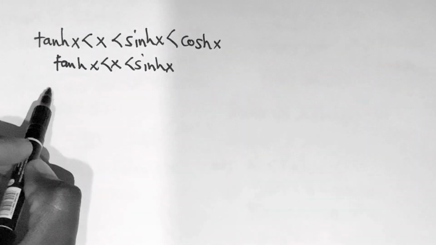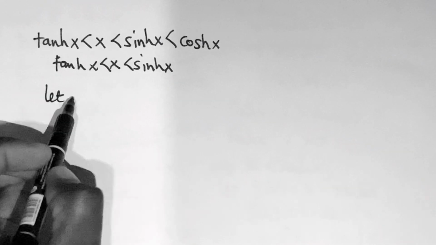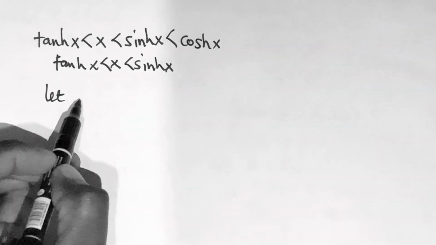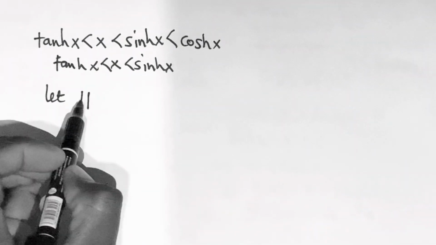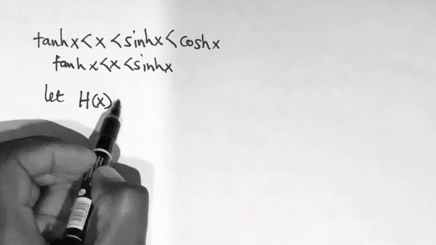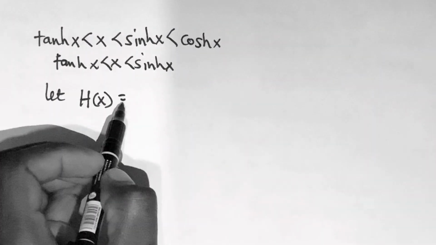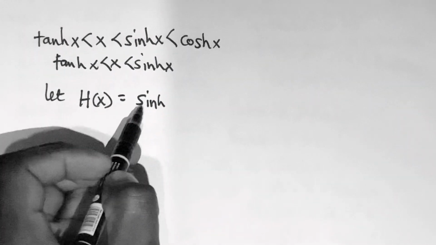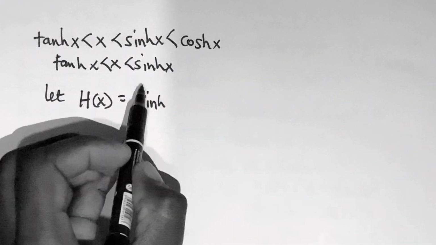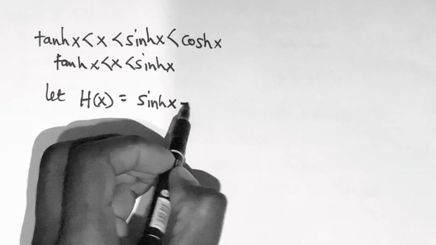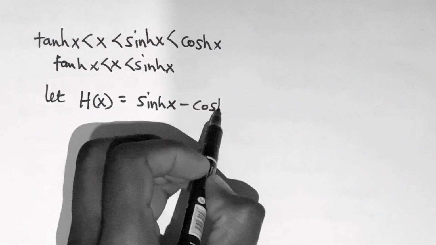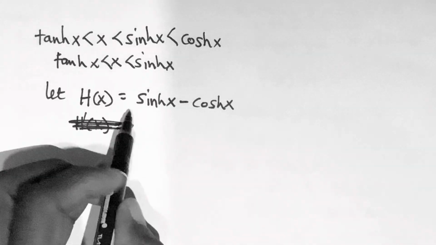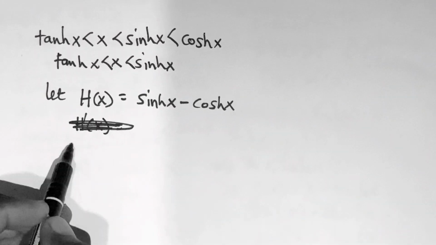So now let capital H of x be equal to hyperbolic sine x minus hyperbolic cos x. However, let's use their definitions.